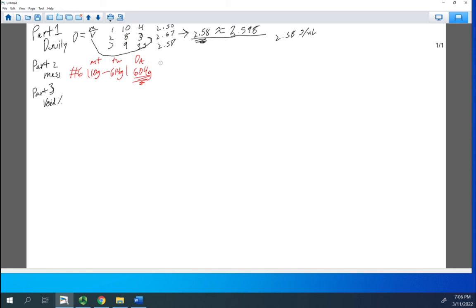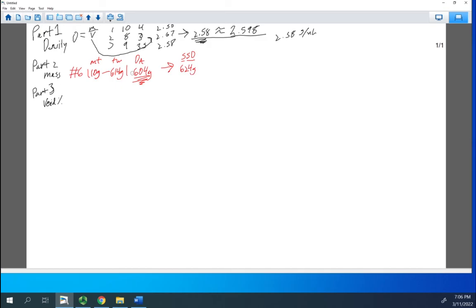So we soaked that rock overnight, and then we took it out of the water, dried it off a little bit, and that gave us our SSD, saturated surface dry. That just means the rock is fully saturated by means of the experiment, and the surface is relatively dry. For number 6 rock, we got a weight of 624 grams.